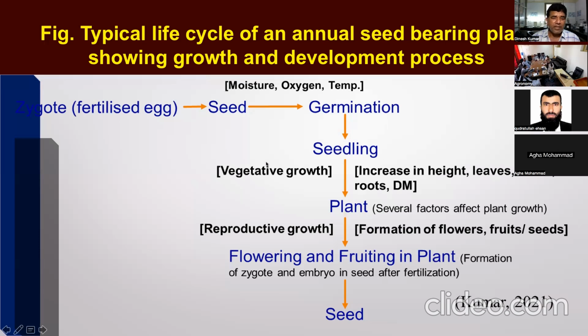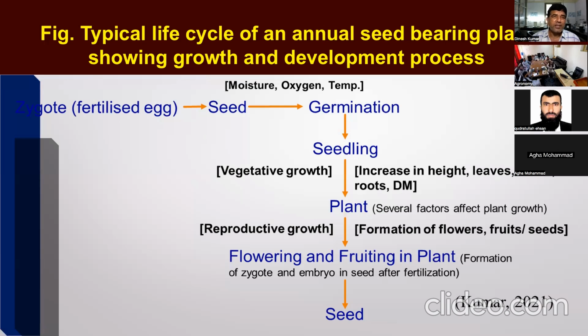And then the vegetative growth starts. What happens in vegetative growth? Plants increase in height, or they increase the leaf number, they increase the tillers, and they increase the root size, root dry weight, etc. So you can see different plant parts are growing.